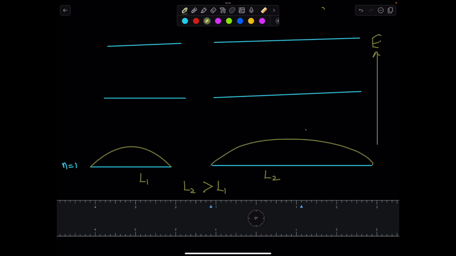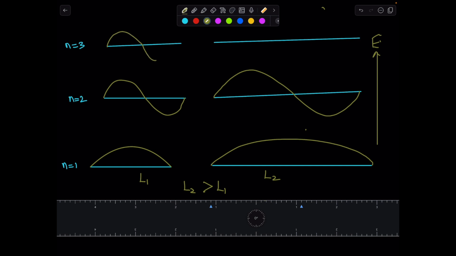If you come to n equals 2, it will have 1 node, so that will look like this for L1, and for L2 it will be like this. Similarly, for n equals 3, you have 2 nodes, so it will be like this, and here, like this.